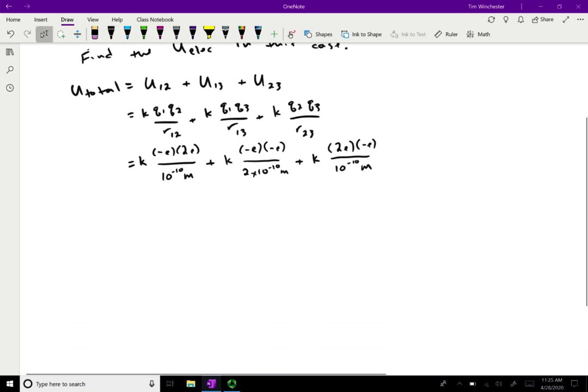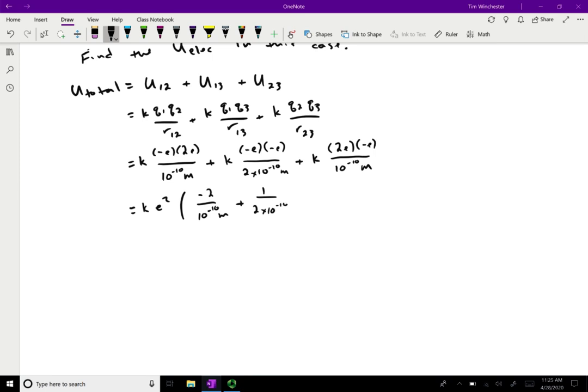So I'm going to actually factor this before I plug stuff in. You could just plug in values this way if you wanted. So I've got k e squared, and then the terms are going to be minus 2 over 10 to the minus 10 meters plus 1 over 2 times 10 to the minus 10 meters, and then minus 2 over 10 to the minus 10 meters.